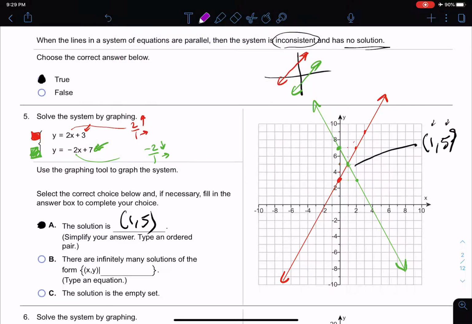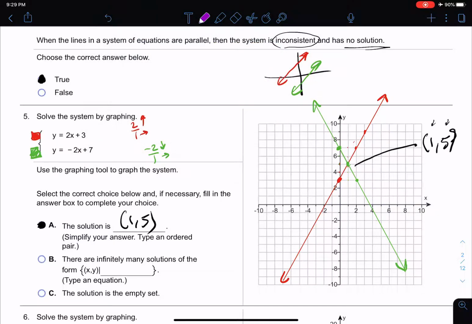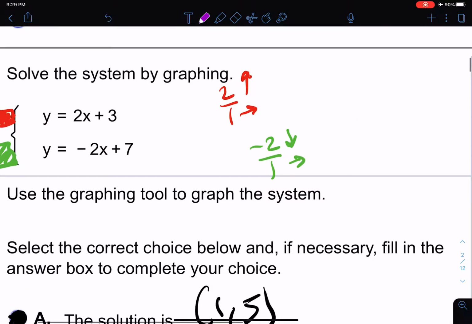I don't have a lot of space, so I'm just going to do a little bit of work right here. My answer that I got was 1, 5. So what happens if I put in a 1 here and a 5 for y? Well, 2 times 1 is 2, and 2 plus 3 is 5, so that checked out.